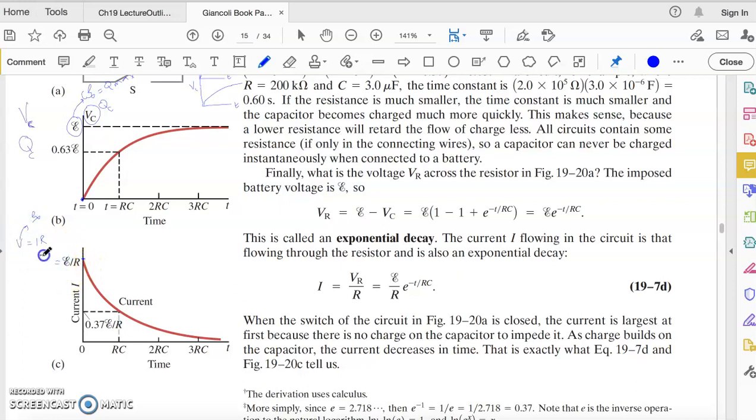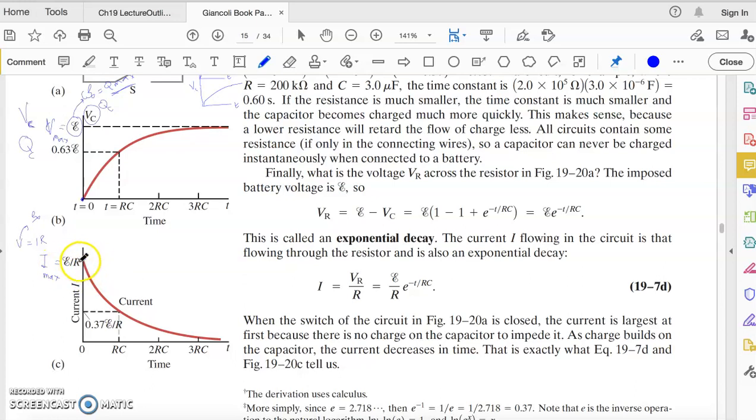So this is I maximum, this is V maximum, or this is Q maximum. These are important points to take care of in these kinds of graphs.